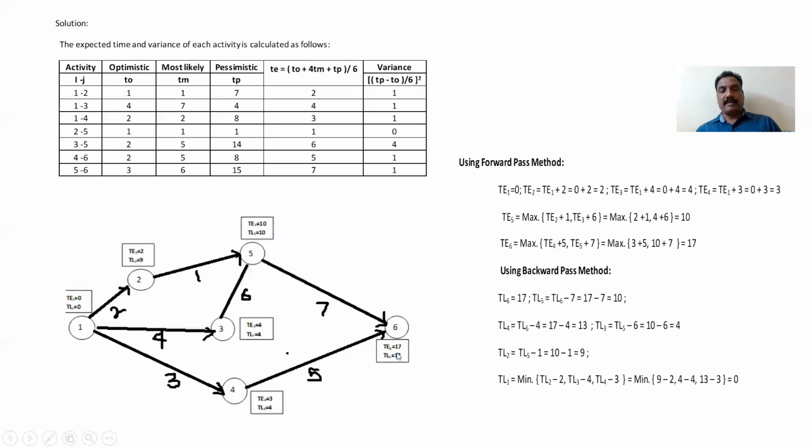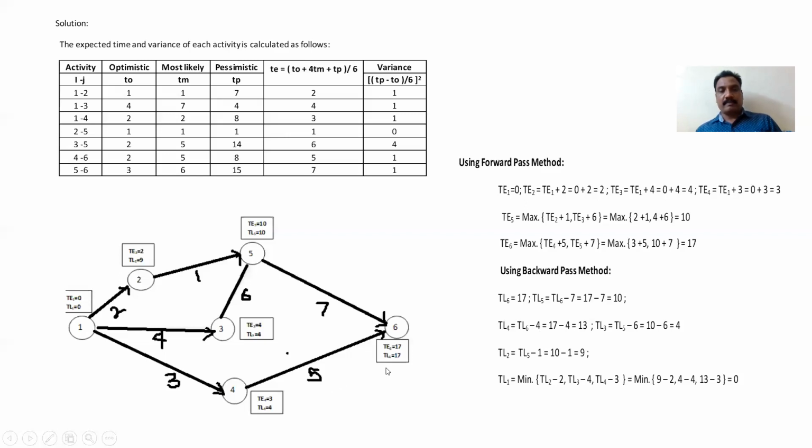TL6 minus 5, that will give you this value. This is TL6 equal to 17, TL5 is TL6 minus 7, that is 10. TL4 is equal to TL6 minus 5, 17 minus 5, that is 12.